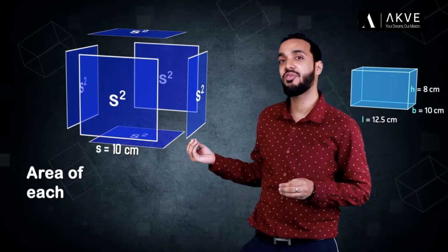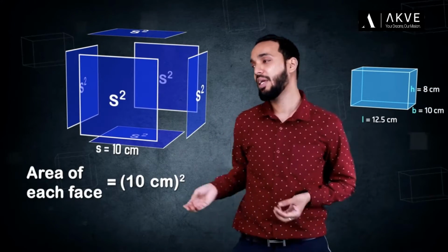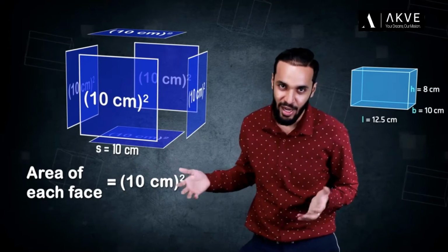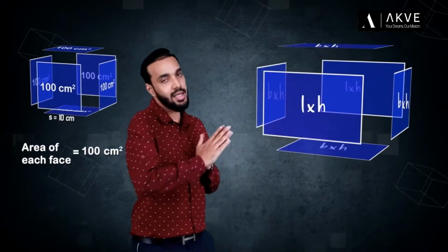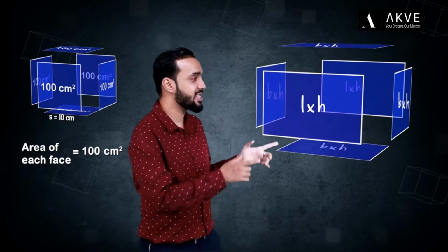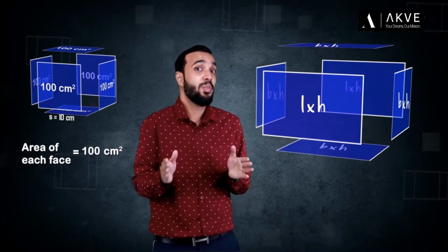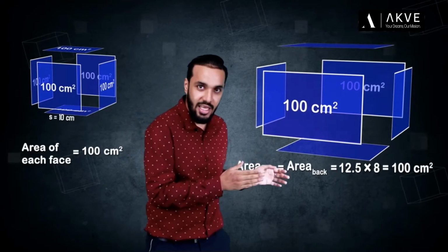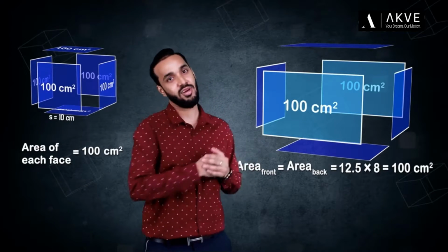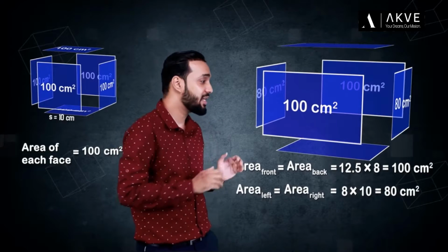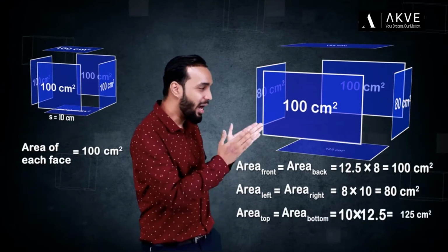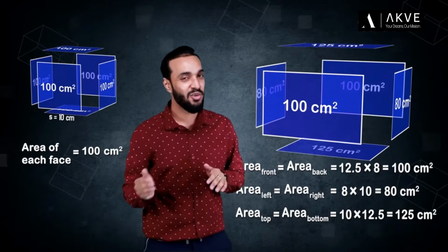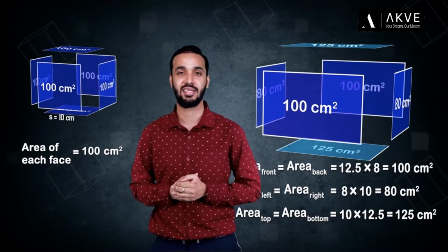The area of each face of this cube would just be 10 centimeters whole squared or 100 square centimeters. On the other hand, the areas of the faces of this cuboid would be 100 square centimeters each for the front and the back faces, 80 square centimeters each for the left and the right faces, and 125 square centimeters each for the top and the bottom faces.